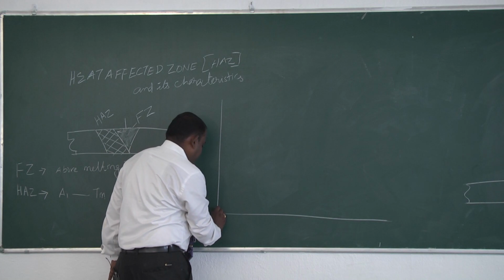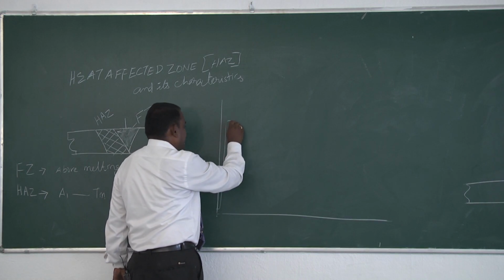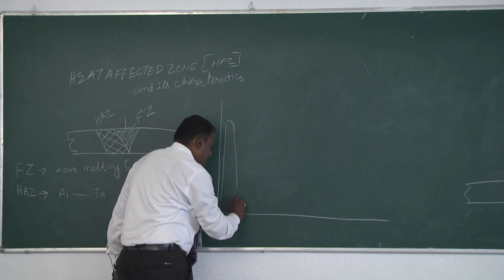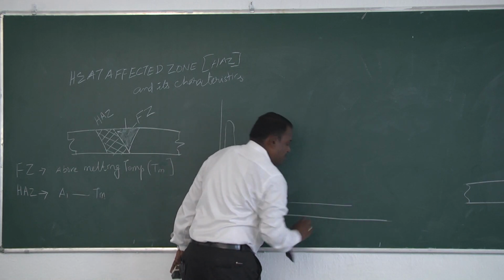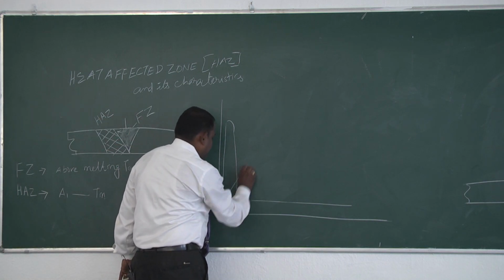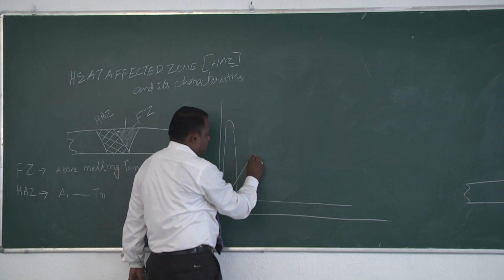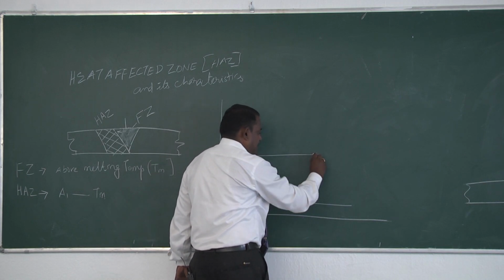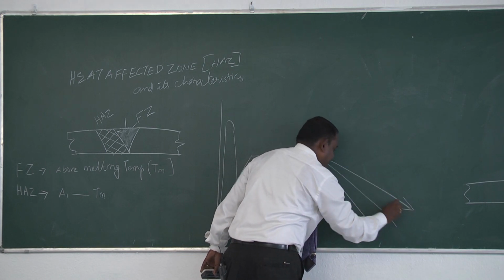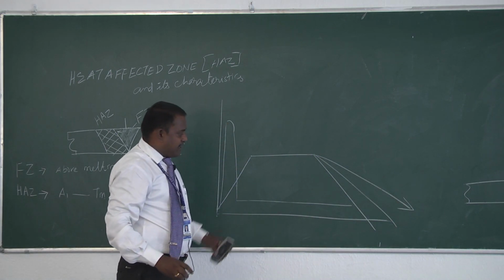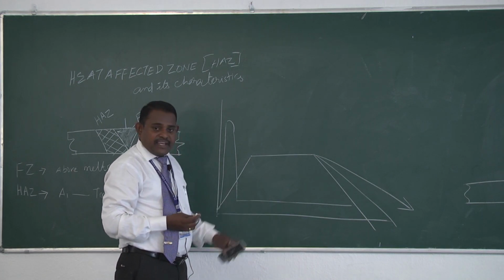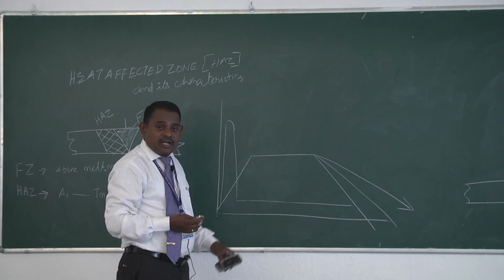In the welding process the heating is sudden, in a very small time, and it is cooled to room temperature in minimum time. As compared to this, in heat treatment heating is slow and progressive, with holding for some time and cooling at a different cooling rate depending on the type of heat treatment required. If I require an annealing treatment, I need to cool in one way, and if I need a quenching treatment, I need to cool in a different way.